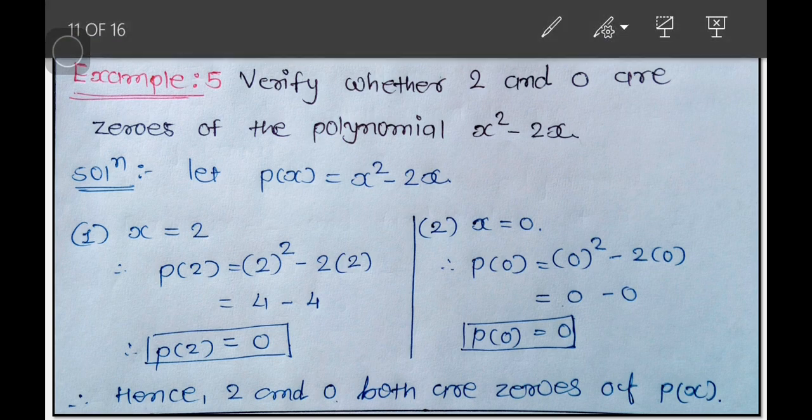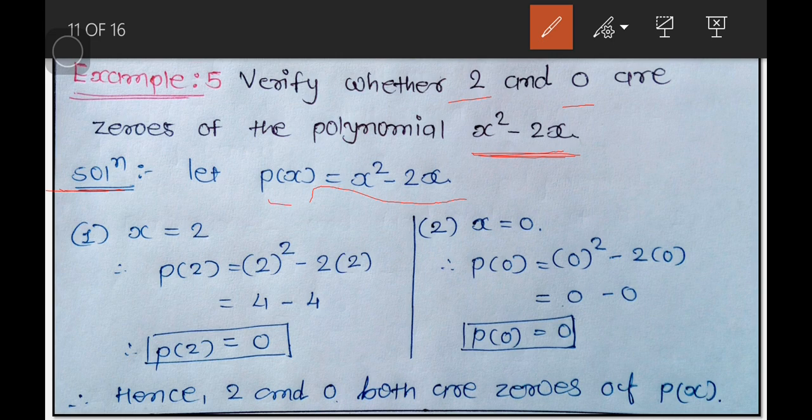Now example number 5, verify whether 2 and 0 are zeros of the polynomial x square minus 2x. Here we are going to check whether 2 and 0 are zeros of the polynomial x square minus 2x or not. So solution of example number 5, let p of x is equal to x square minus 2x.